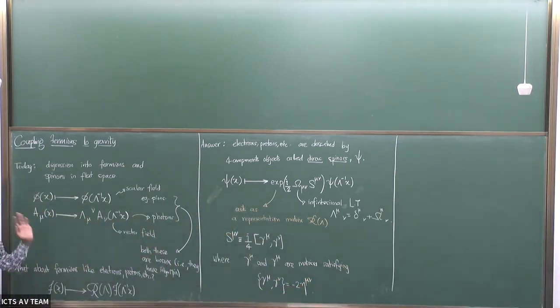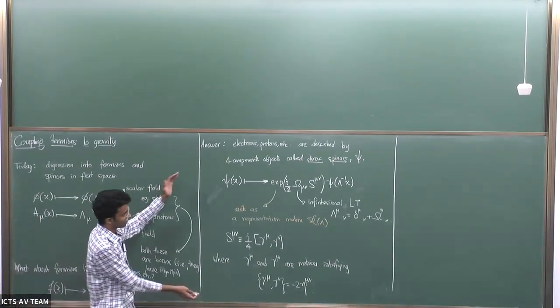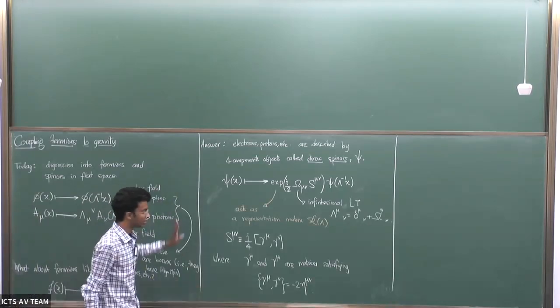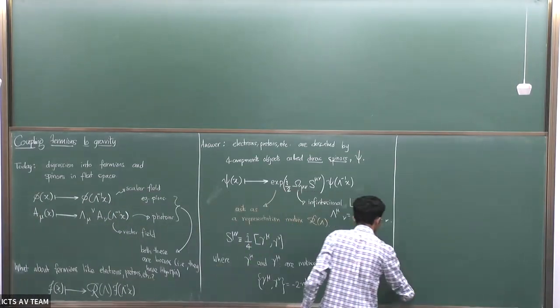Okay. This is the answer. Just like people gave you an answer for a scalar field and a vector field, because these are simple. You can just write it down in one line and you can write down everything else. Here, this is a bit more complicated, but this is the answer. So I'll illustrate the answer for you in a moment.